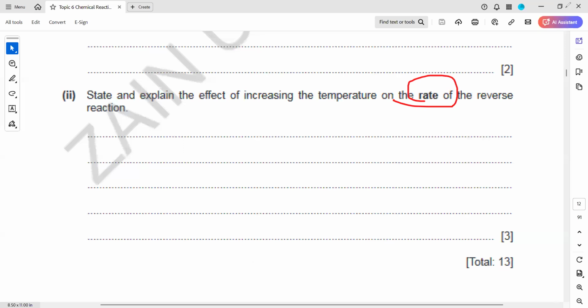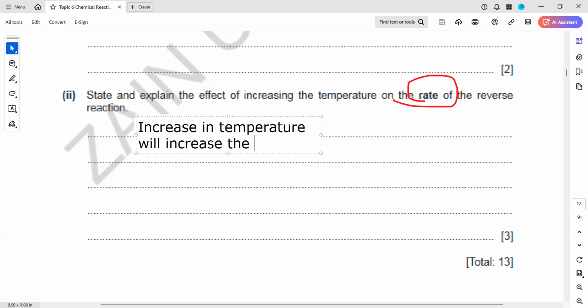If we increase the temperature, it's a structured answer. When we increase the temperature, what happens to the speed of the particles? Increase in temperature will increase the speed and kinetic energy of the particles.